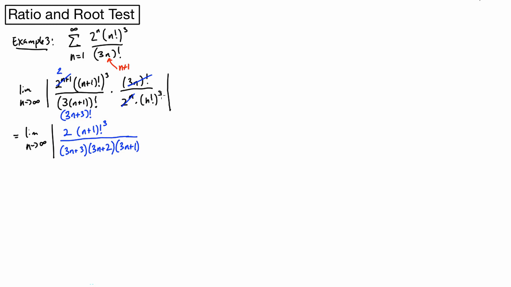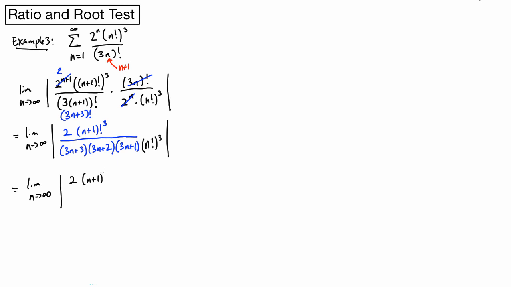Now I also have the n factorial from this piece still left, so n factorial cubed. But this is the limit that I have. So this is the limit as n goes to infinity of a whole bunch of stuff. This n factorial cubed and (n plus 1) factorial cubed, I'm going to get the n plus 1 term surviving, but it's going to be cubed.